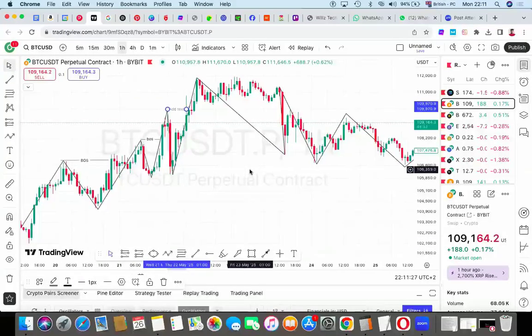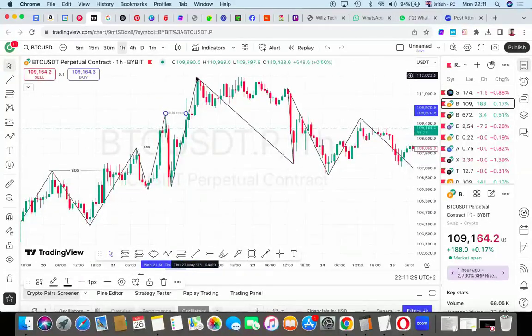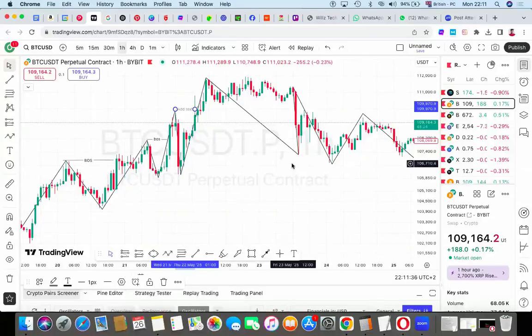Even with this recent high here, when it created this and we have structure broken to the downside, what is most important here is that I want to show you how the market can break structure to the upside. When there is a recent high and it's been broken, creating new highs, we tend to have a BOS, which is the break of structure.